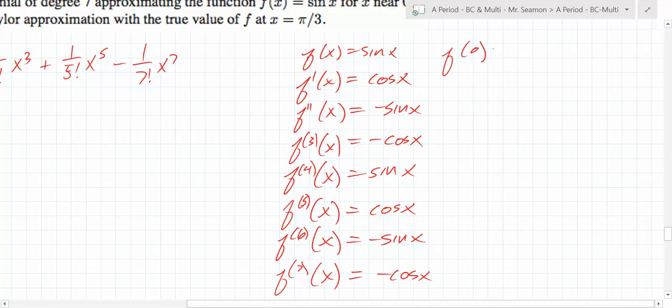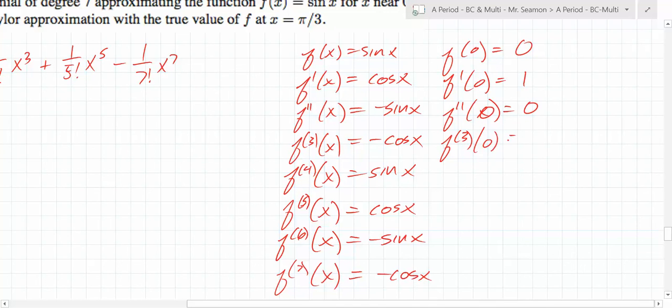But then what do you have to do at each of these? So what's f of 0? 0. Then you have to do f prime of 0. What's that? 1. What's f double prime of 0? 0. Then what's the next one going to be? Negative 1. And then f4, and then it keeps going, right? But you have to write all of these out.